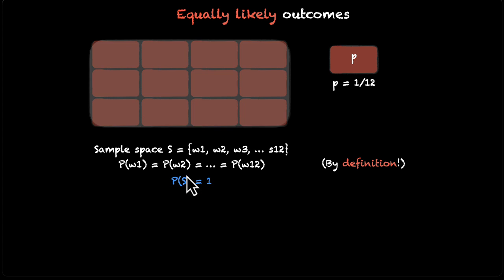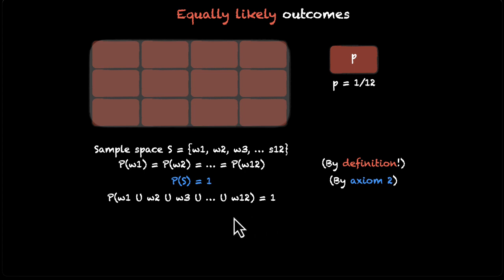We also know that the probability of the sample space, this entire sample space, is 1. We know this by our axiom 2. So what we can do is we can replace this S. We can say that this S is the union of W1 and W2 and W3 and so on to W12. This means that the probability of union of all 12 of them is equal to 1.